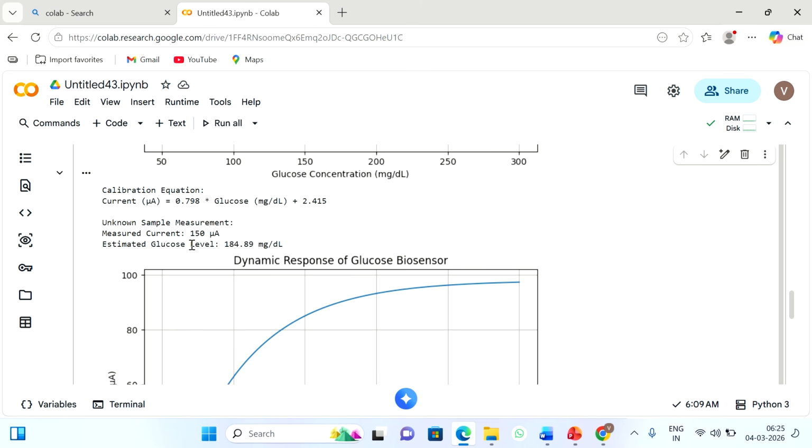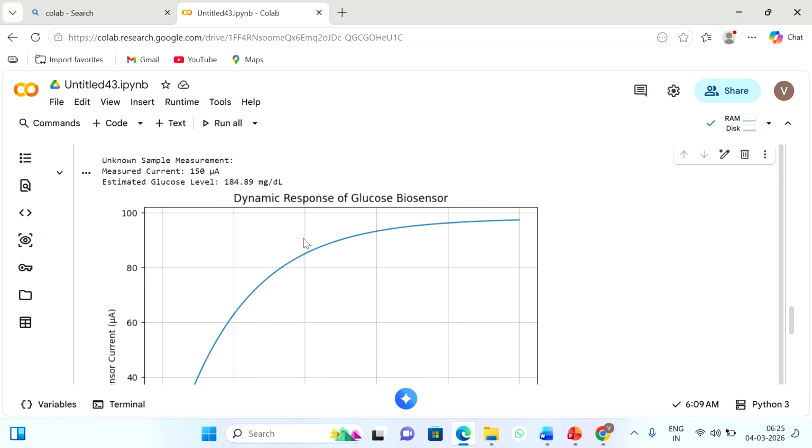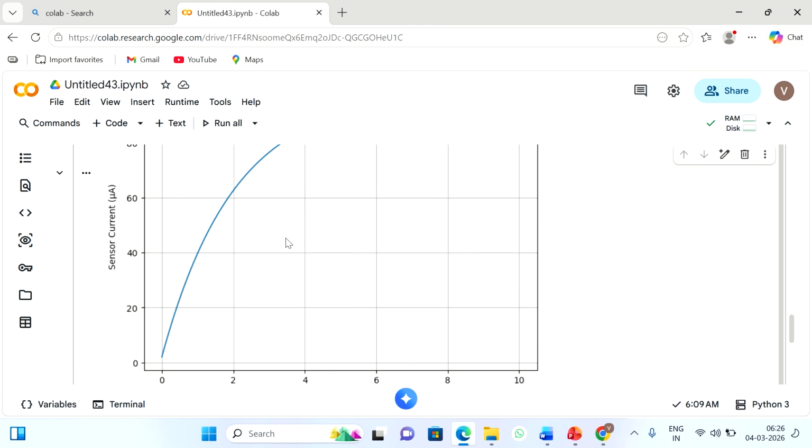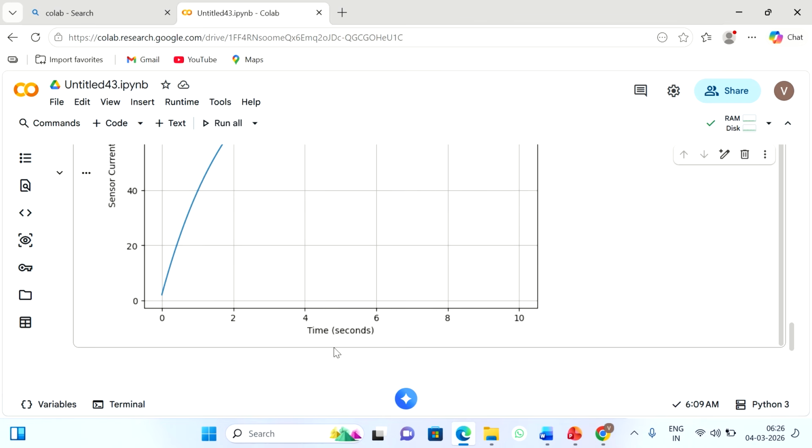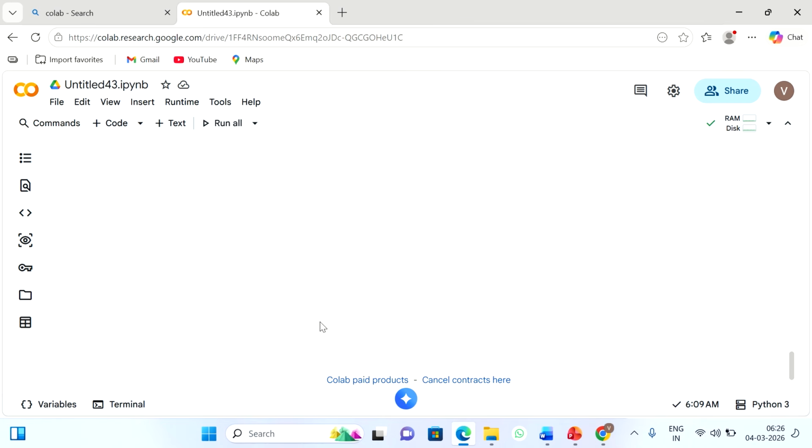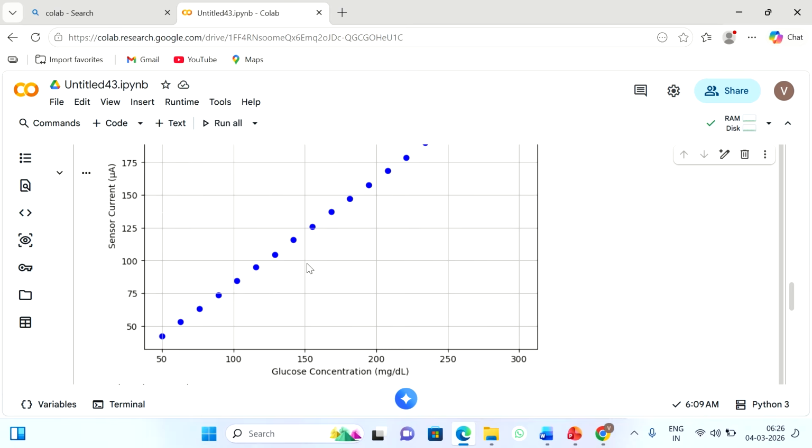The unknown sample measurement: the measured current gives 150 microampere. The estimated glucose level is equal to 184.89 mg per dl. Then the dynamic response of the glucose biosensor gives sensor current in microampere versus time in seconds.